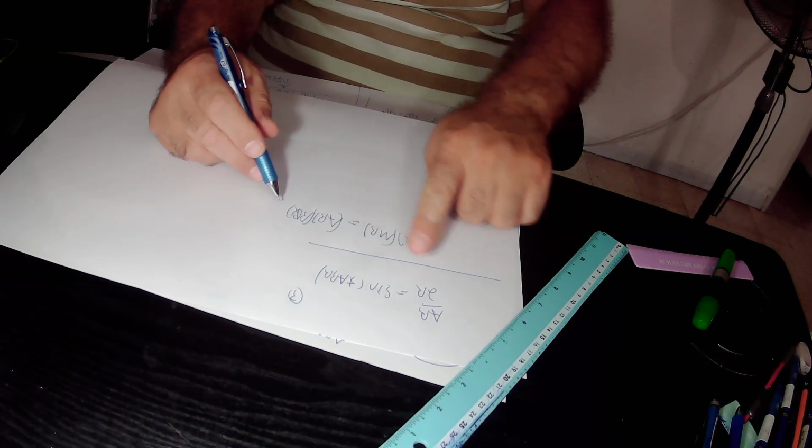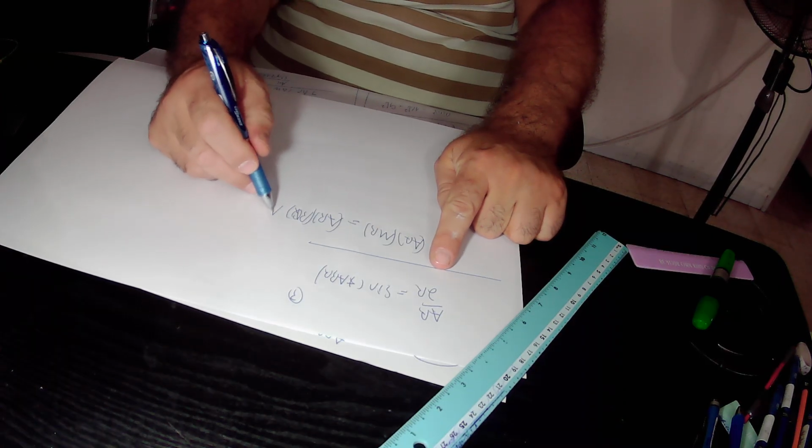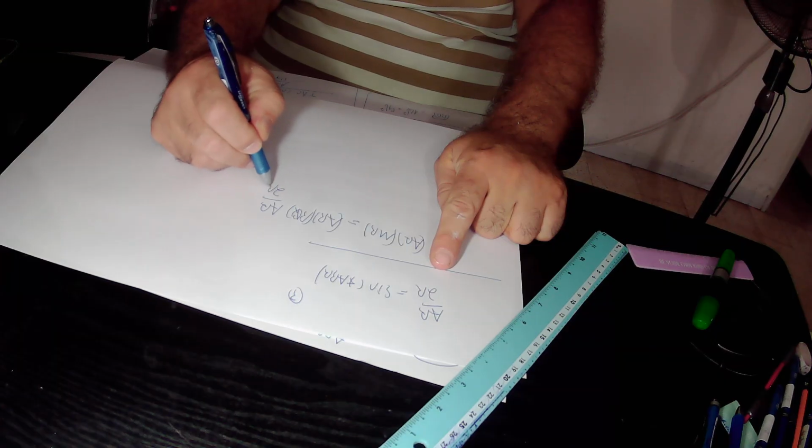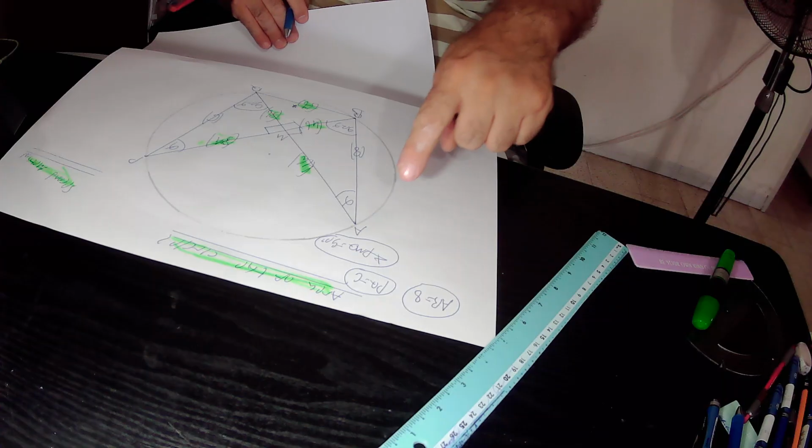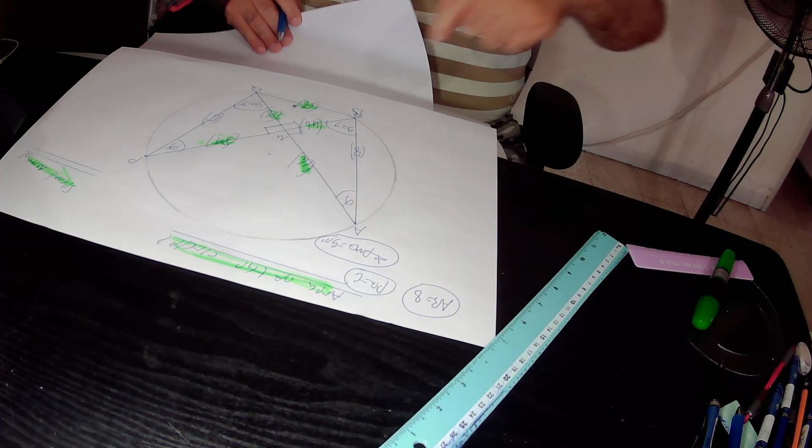And sine angle ABQ equals AQ over 2R. R is the radius of the circle that blocks triangle ABQ.